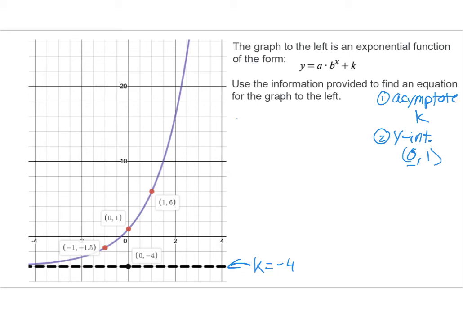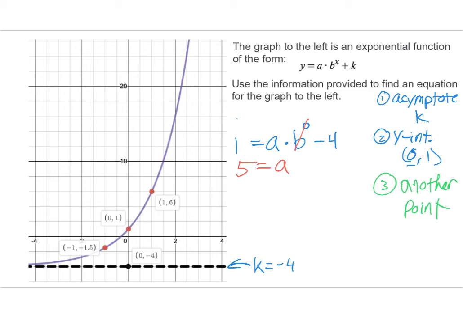So we've got 1 is equal to a times b to the 0 minus 4 for our k value. All right, b to the 0 is 1, so that kind of goes away. I'm going to add 4 to the other side, and we get 5 is equal to a. Now, I'm going to switch colors just so we can see what's going on. You're going to use another point. Of the points that were given, I'm probably going to use 1, 6, just because it's a nicer number.